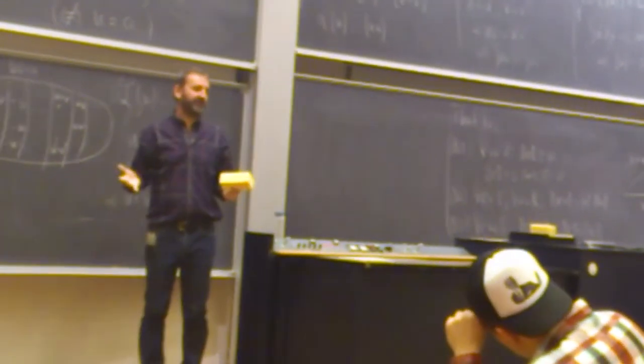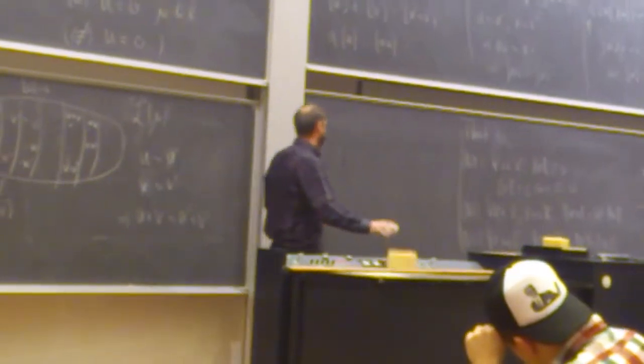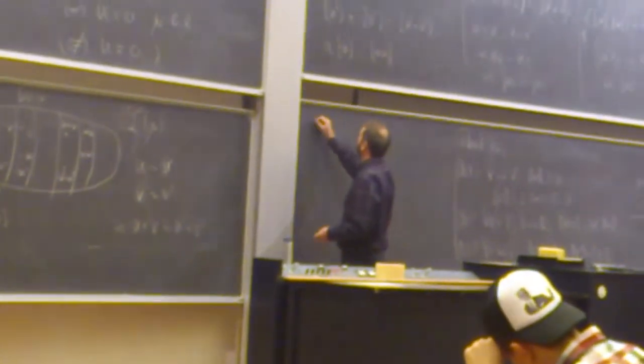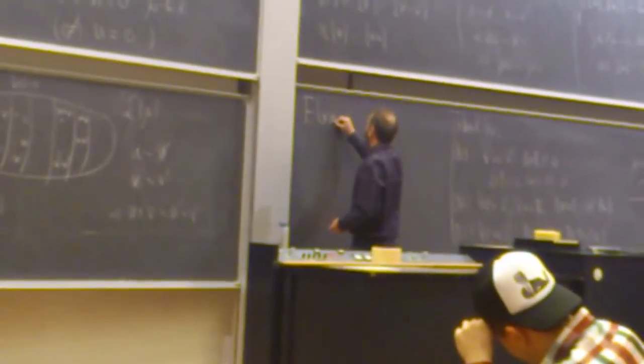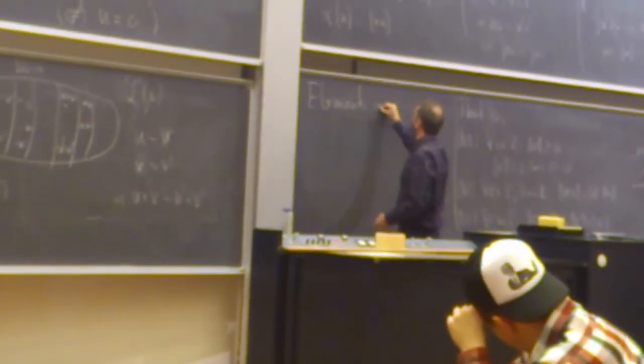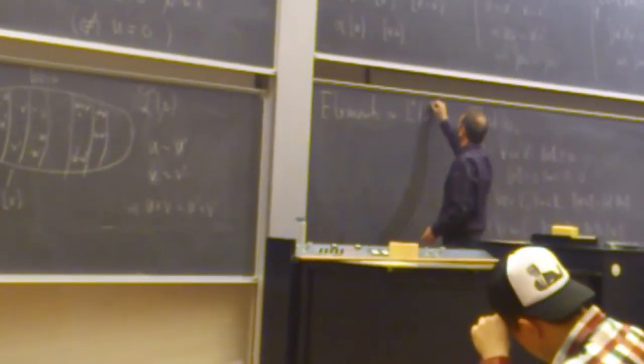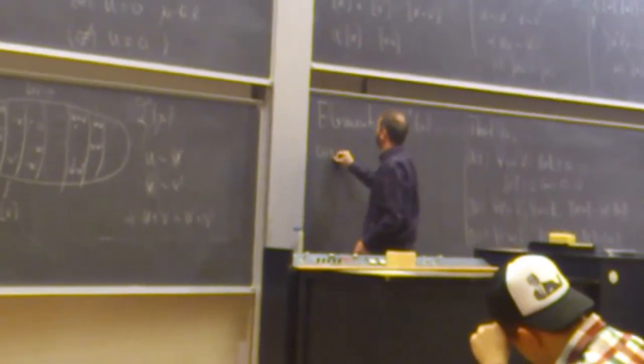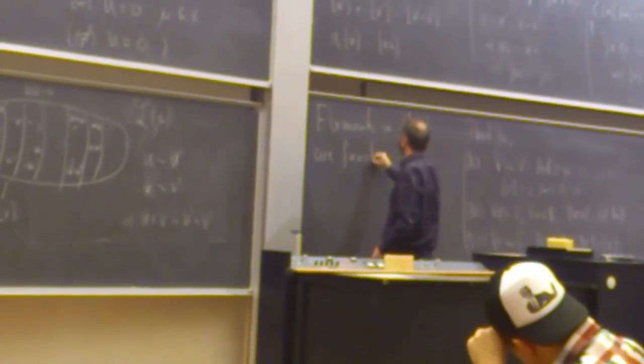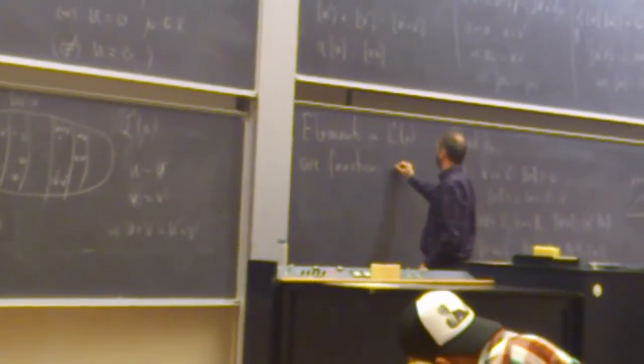This is really what we do, but what kind of objects are they? You can somehow say that elements in, say, L2 of mu are functions without function values.